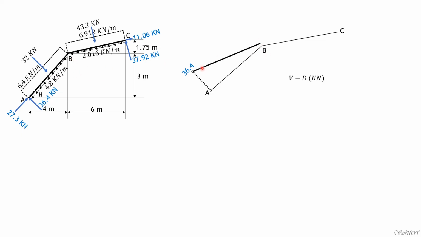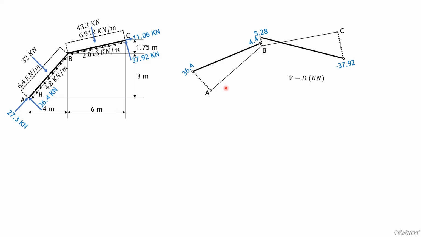Remember, shear BA is 4.4. So it closes. Then shear BC is 5.28, I think. It was calculated in the preceding slide. Then minus 43.2 going down, so negative 37.92, then plus 37.92, so that closes.